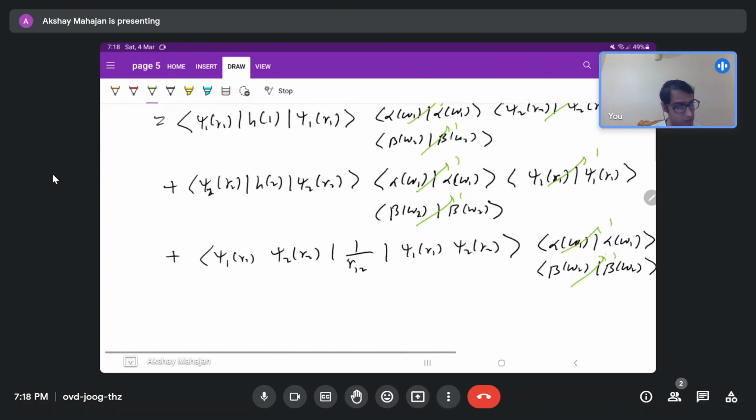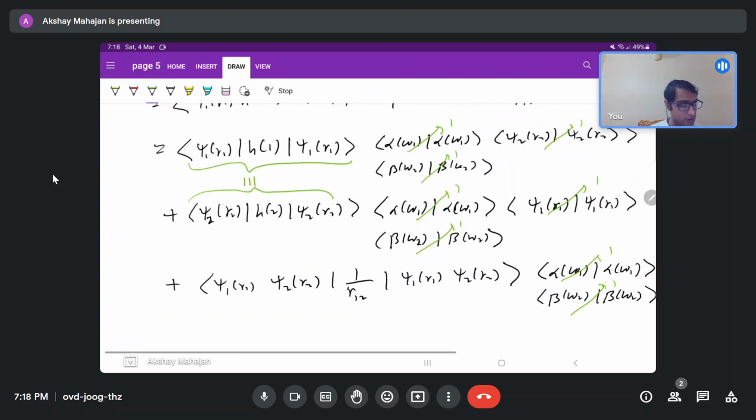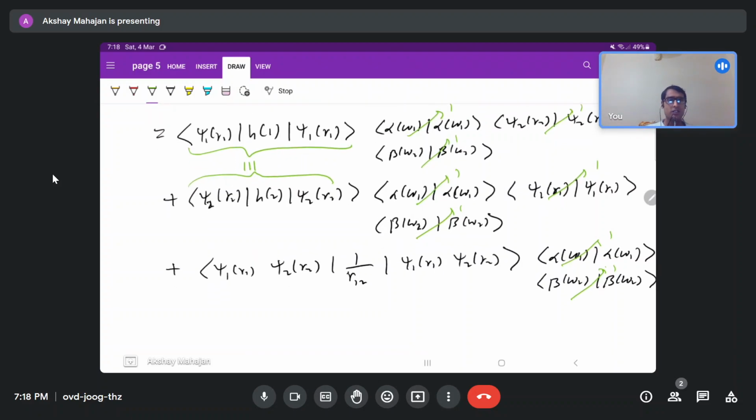The r1 and psi1(r1) terms will be equivalent, because this term and this term will be equal. If you do the integral, either you take r1 or you can take r2, they are just dummy variables.